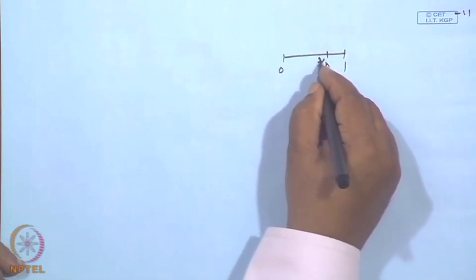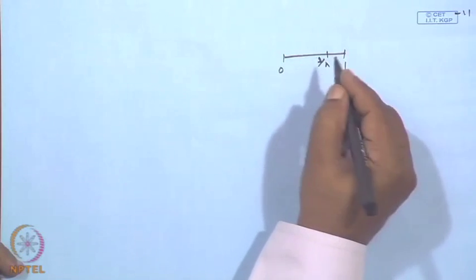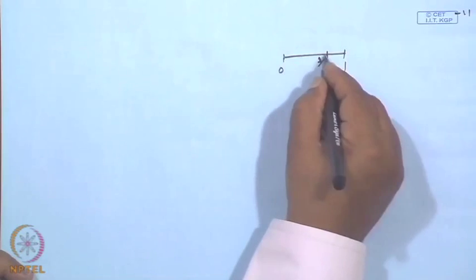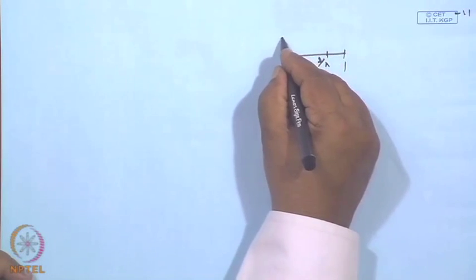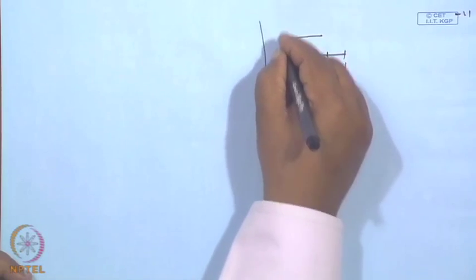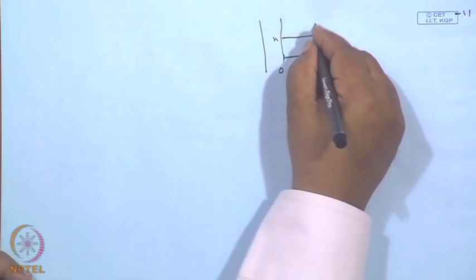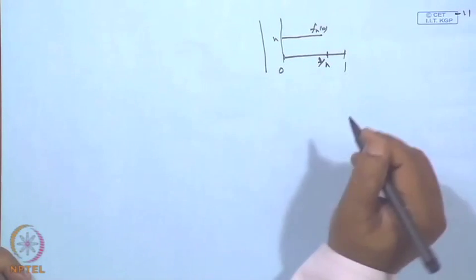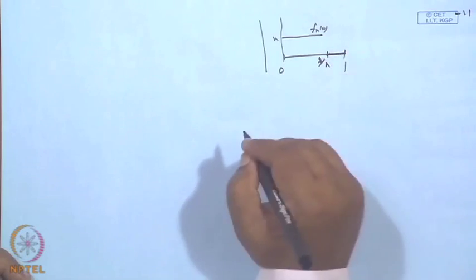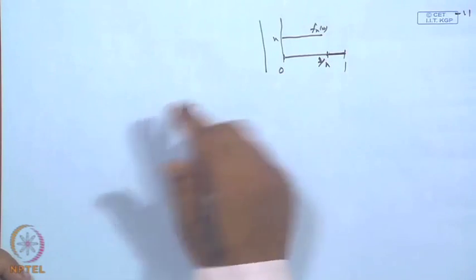So, what is this function? The function f n is such that for all x lying between 0 and 1 by n, the value of f n x is n, and as soon as it crosses 1 by n, it comes out to be 0. So, f n x is defined like this.